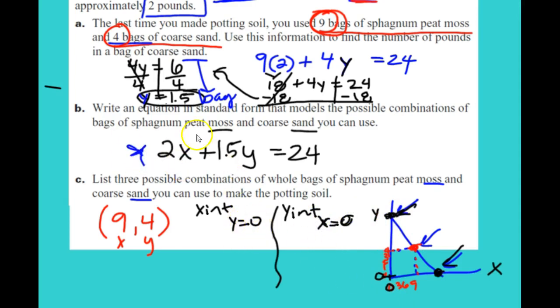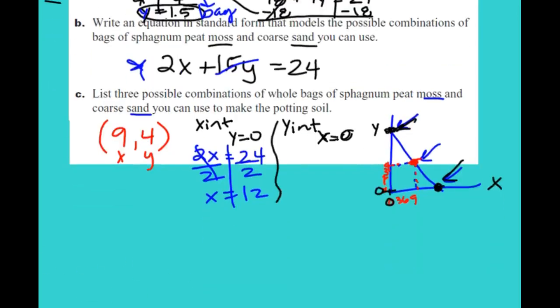First I'm going to plug in when y is 0. So 2x plus 1.5 times 0 is just 0, so I don't need to type that in, equal to 24. So all I have to do is divide by 2. 24 divided by 2 is 12. So this combination xy, x is 12 and y is 0. So that would be this point right here, 12, 0. We have 12 bags of moss and 0 bags of sand.